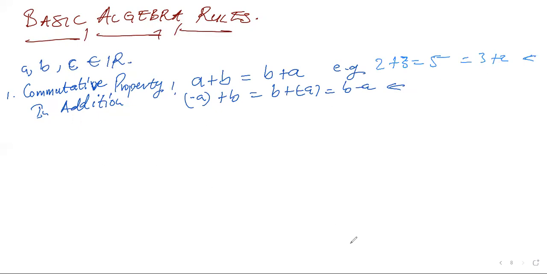And then property number 2, commutative property in multiplication.